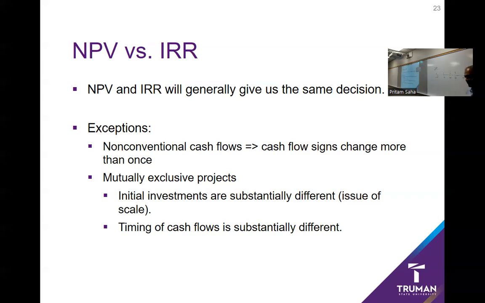It could happen in agriculture, right? Invest today, you produce, and then you need to store so that you can sell it over a long period of time. You may need investment again. If you look carefully, the sign flipped once or more than once. This is not a conventional cash flow. Non-conventional cash flows. In those situations, NPV and IRR could give you different decisions.